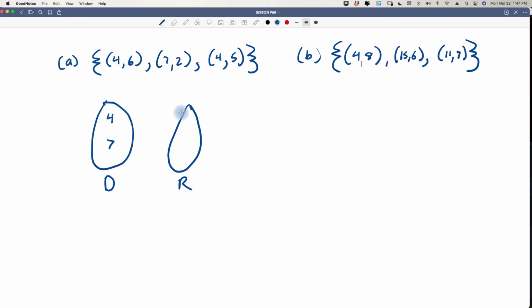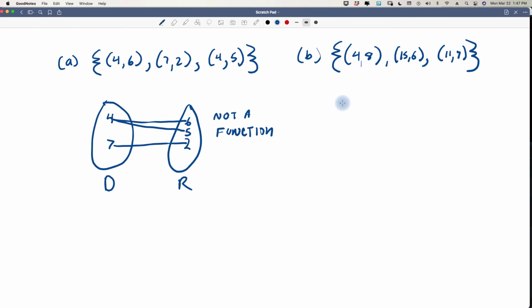Well, 4 maps to 6, 7 maps to 2, and then 4 maps to 5 again. That is not a function because 4 has 2 possible y answers. So this is not a function. It is a relation, but it is not a function.